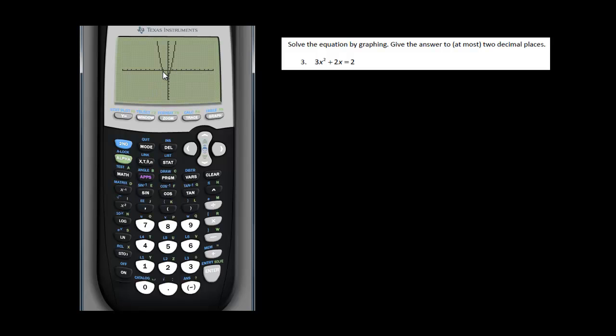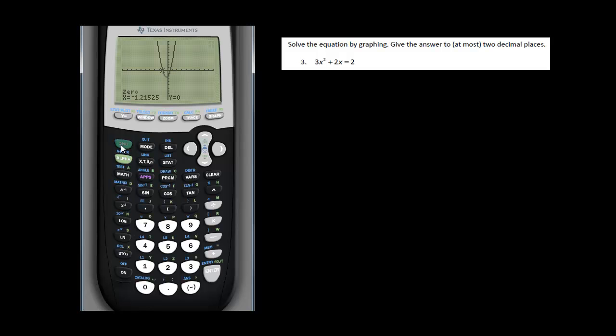And we want to find these two solutions. So second trace 2, because we want to find the zeros. Left bound, so we want to do just above the x-axis. The right bound just under it. Then hit enter. So we're going to have negative 1.22 roughly, so that's that one.